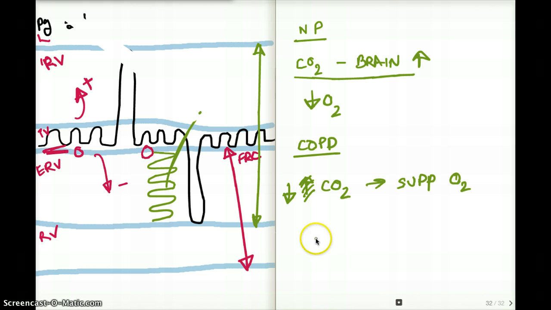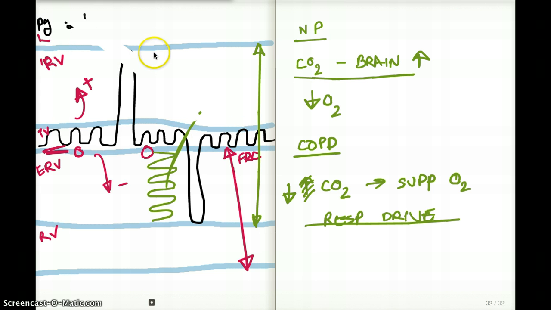And you might think that the carbon dioxide dropping is not a bad thing, but this COPD patient is so used to such high levels of carbon dioxide, and when the carbon dioxide level dips, their respiratory drive is completely shut down. As a result, they're going to stop breathing. A COPD patient is going to stop breathing if you give them supplemental oxygen. So you have to be very careful with that.